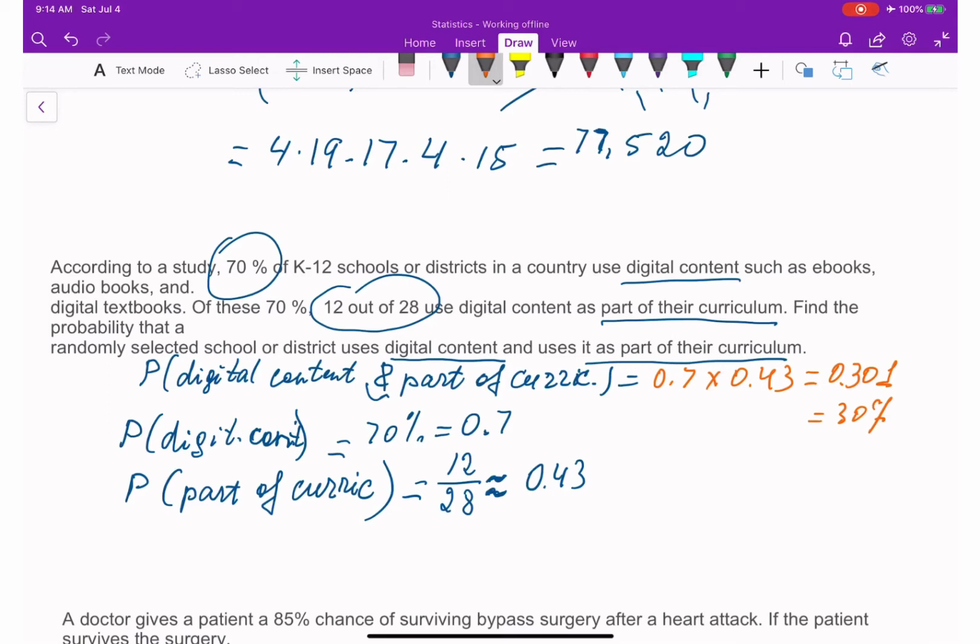I believe they are asking for decimal notation, not percentage. Read carefully in the parentheses where it asks for the answer. If you put 0.3 and they ask for 0.30, contact me and I will give you credit back.